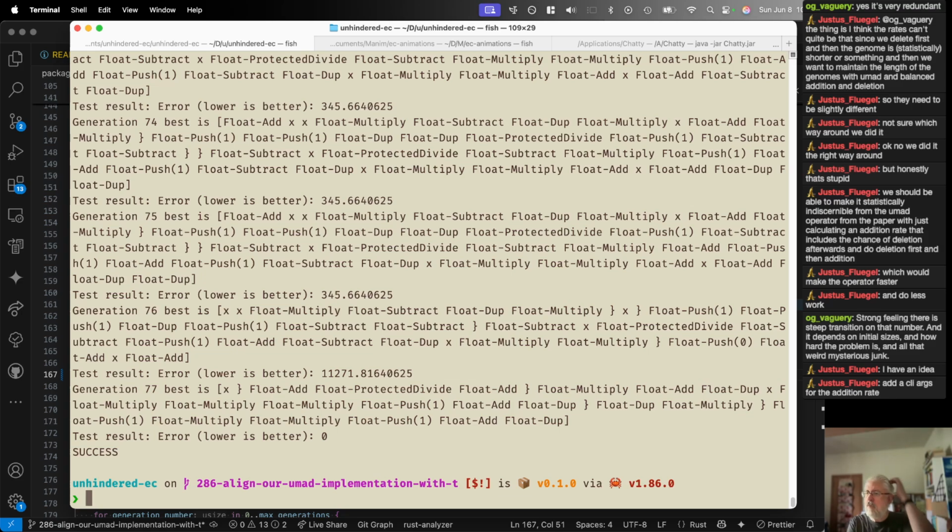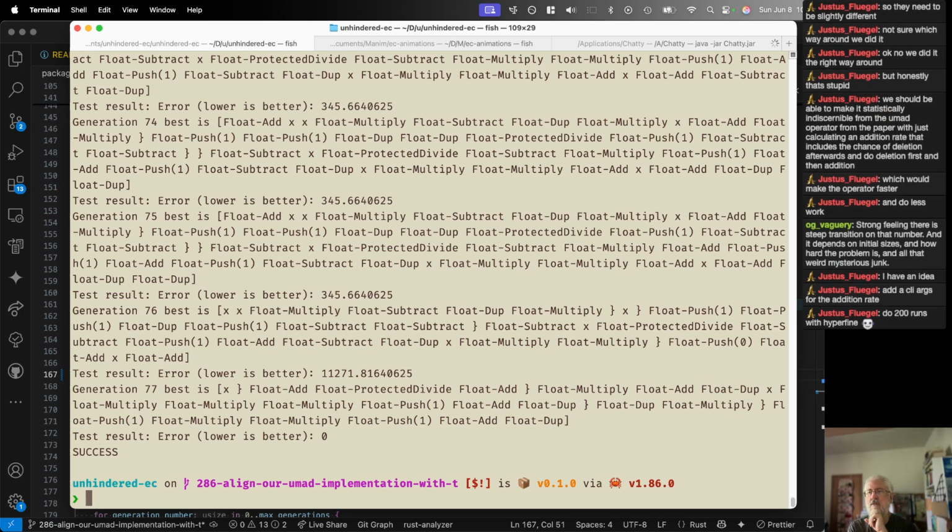So you think that it would be faster to delete first and then do the addition? I'm not sure I see why that would be faster.